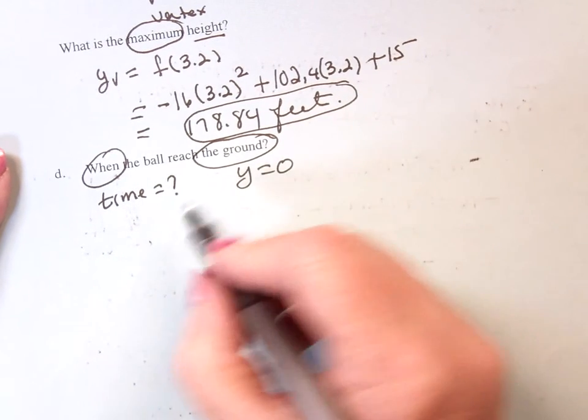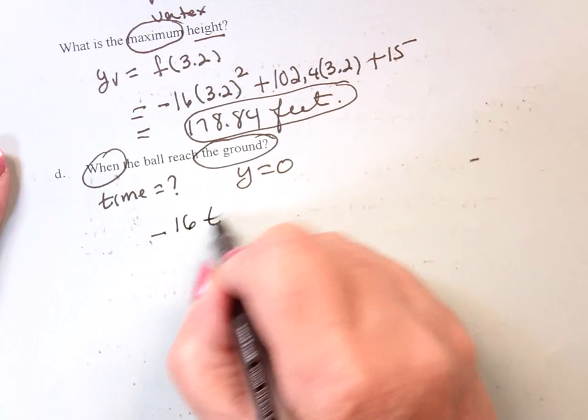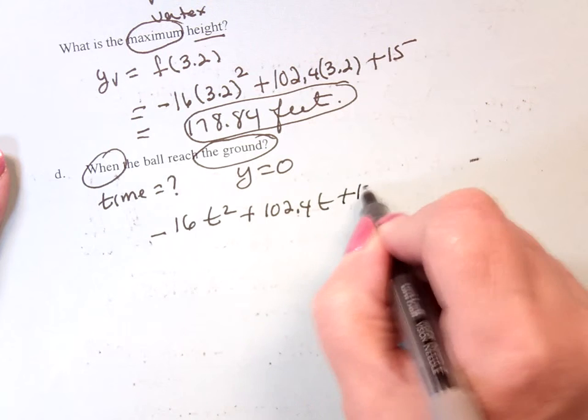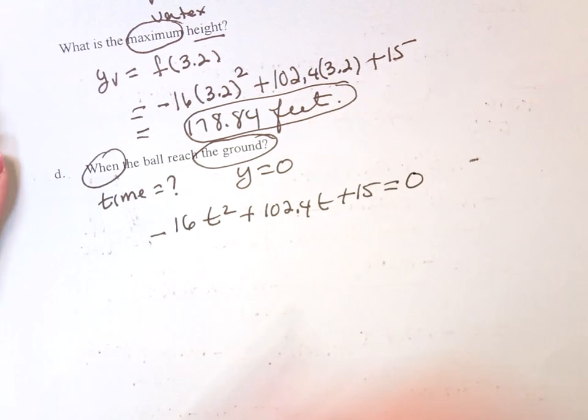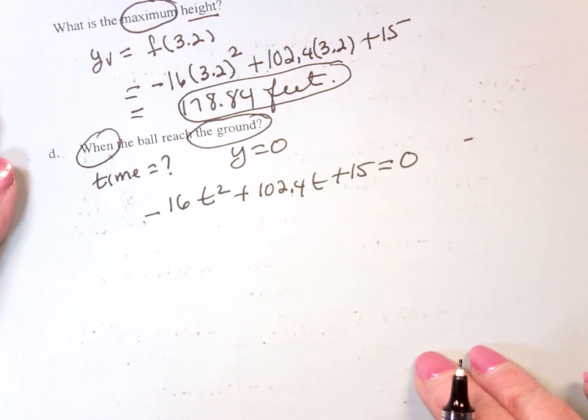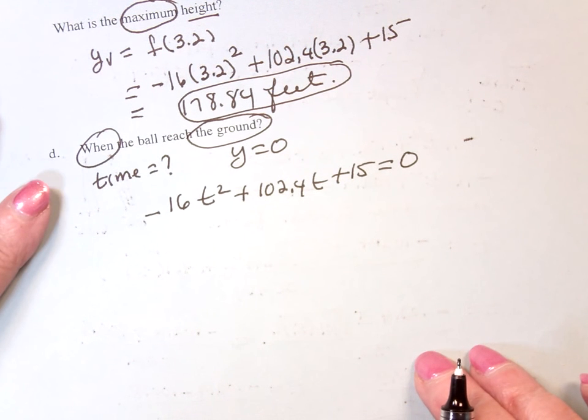Or when is negative 16t squared plus 102.4t plus 15 equal to 0? Because the height off the ground when the ball hits the ground is 0.